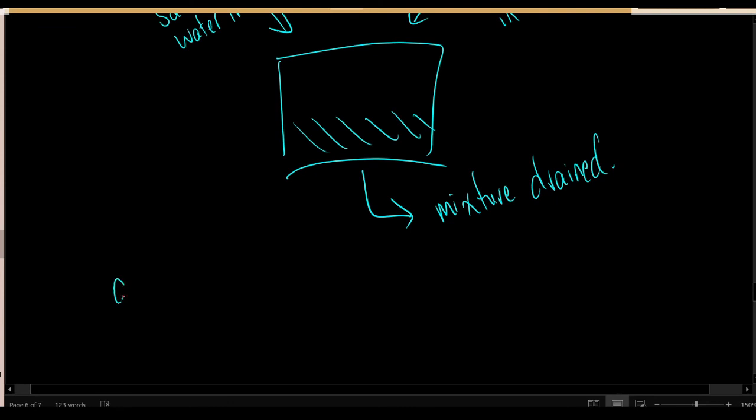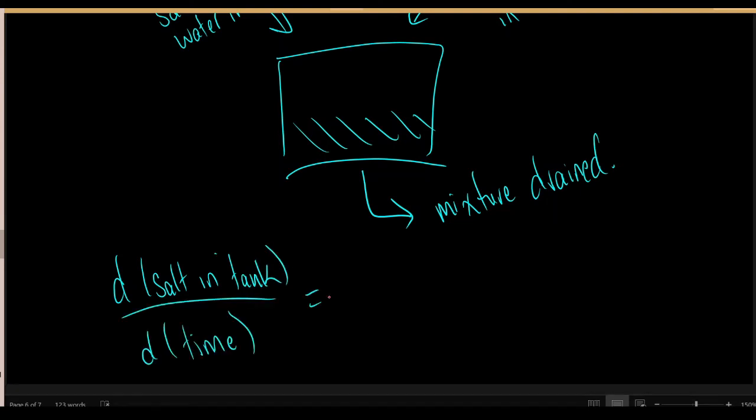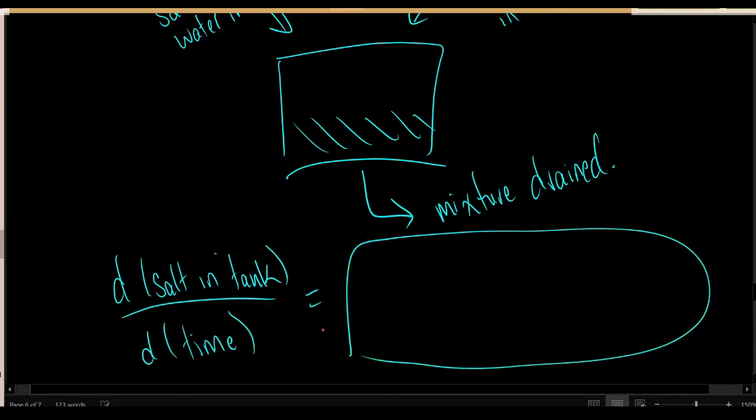If I look at the rate of change of salt in the tank over time, then that is going to be represented by a differential equation that we're going to set up and study ourselves a couple of sections from now.